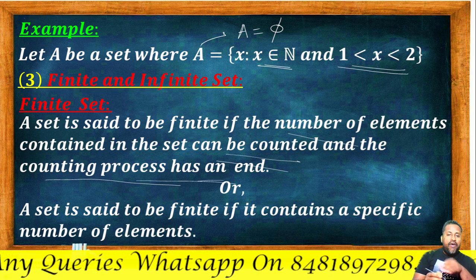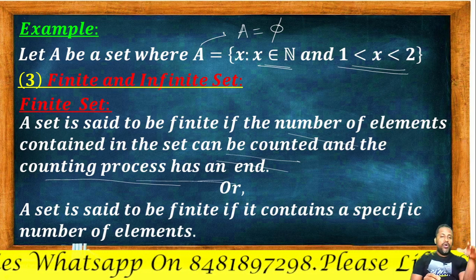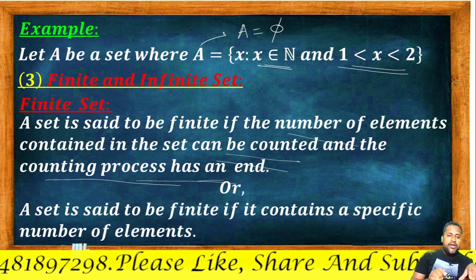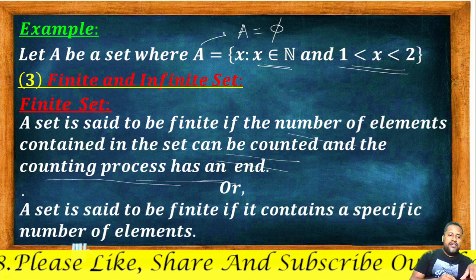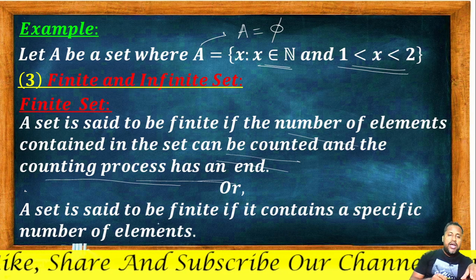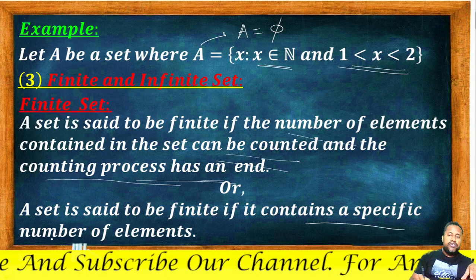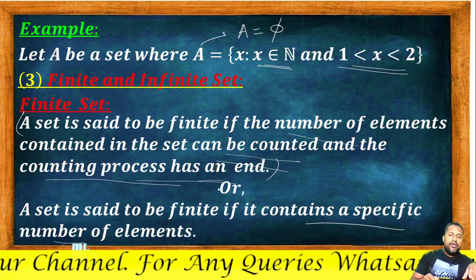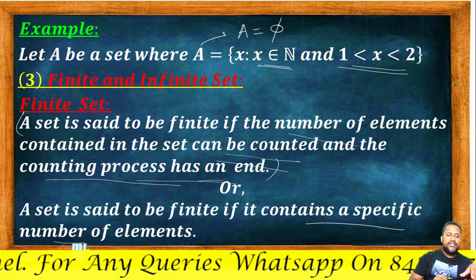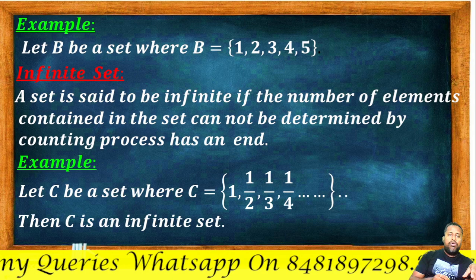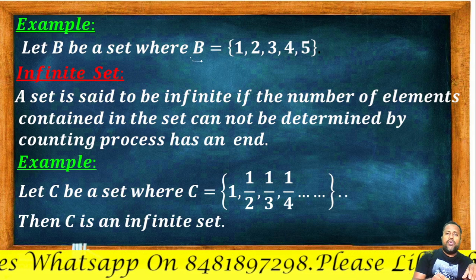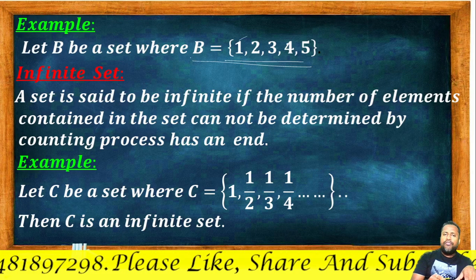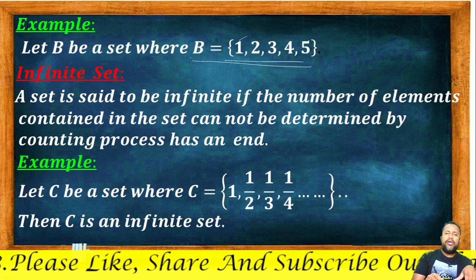That means finite sets are those sets whose elements can be counted. We can also say the next definition: a set is said to be finite if it contains a specific number of elements, but it is better to say the first definition. Now say let B equal to {1, 2, 3, 4, 5}, so B contains a finite number of elements, so set B will be a finite set.